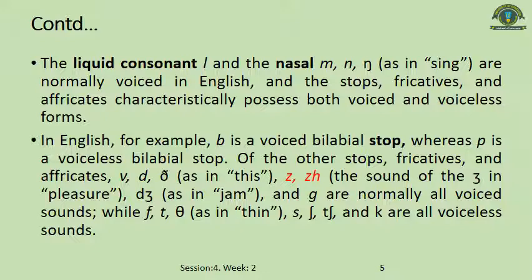So B is a voiced bilabial stop, whereas P is voiceless. Both these sounds are bilabial. I'm not giving analysis of all these sounds here, but I'm just trying to make you understand. One is voiced, the other one is voiceless, but both are stops. Why stop? I shall be commenting on this. You will learn what the meaning of stop is.